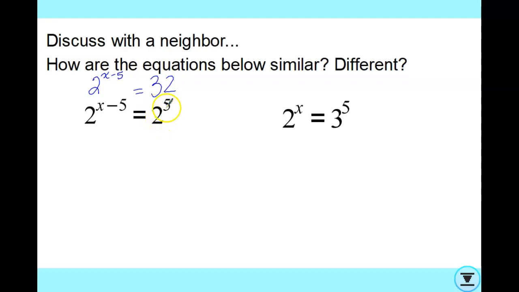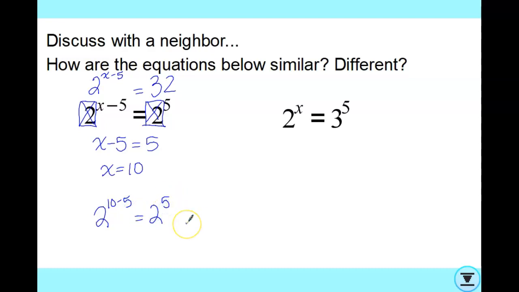And I know that 2 to the 5th is the same thing as 32. So now we have two bases that match. And so because those two bases match, I just need to figure out what x is going to make those two exponents equal to each other. So we would get x is equal to 10. And now we have 2 to the 10 minus 5 is equal to 2 to the power of 5. Those two are equal to each other.